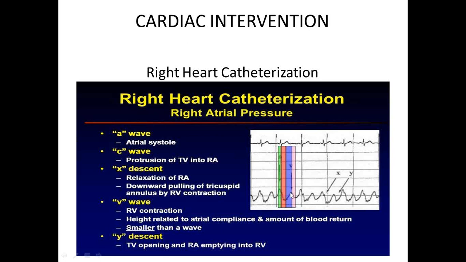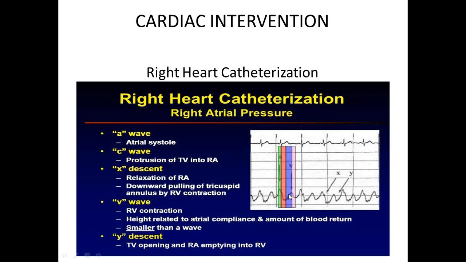Now the V wave is due to RV contraction. Remember the RV is contracting. From the onset of the QRS to the end of the T wave is what we call systole.